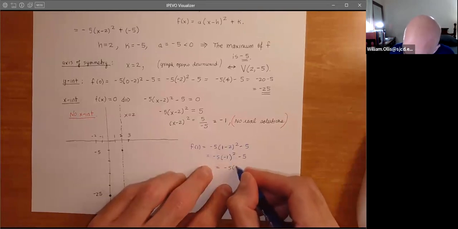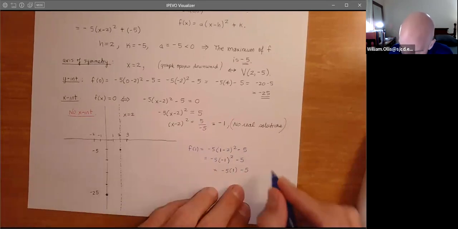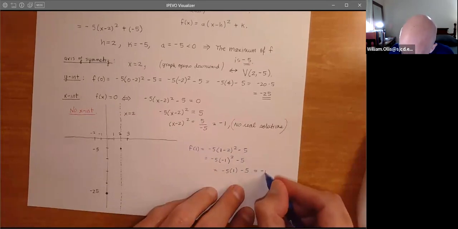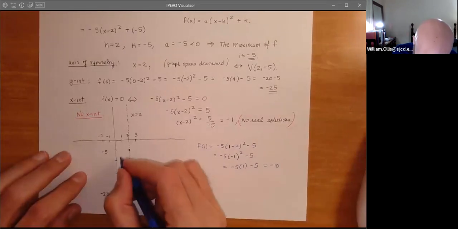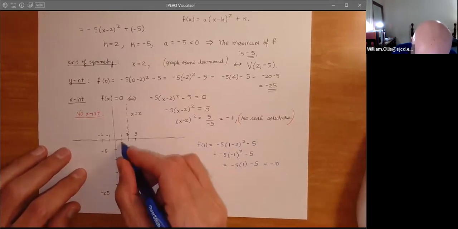Again, the negative 1 times the negative 1 is 1, minus 5. So we get a minus 5 minus 5, which is a negative 10. So we've got, in this case, negative 10, about right here.